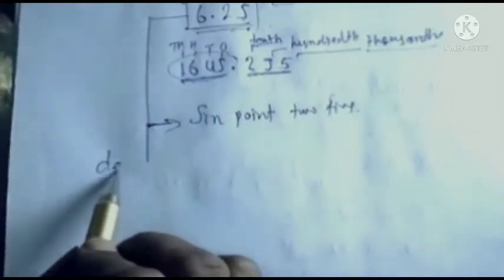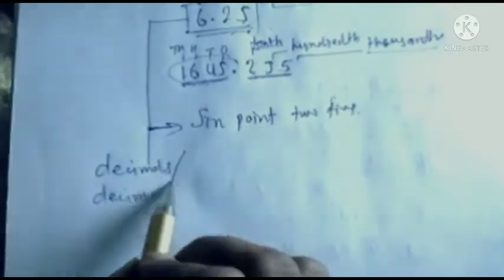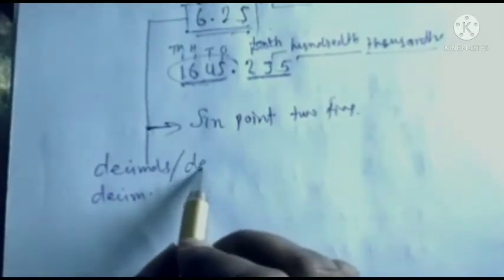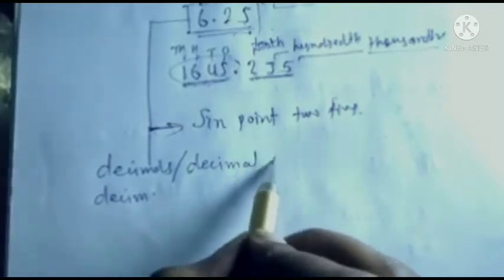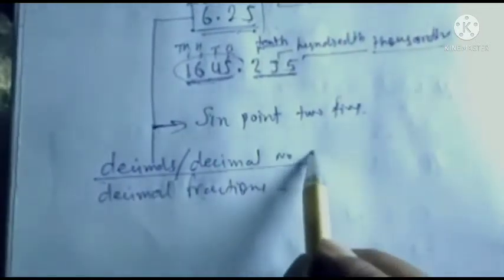So now listen, three definitions: decimal and decimal numbers, these decimals are also called decimal numbers, and decimal fraction. So what are decimals or decimal numbers?